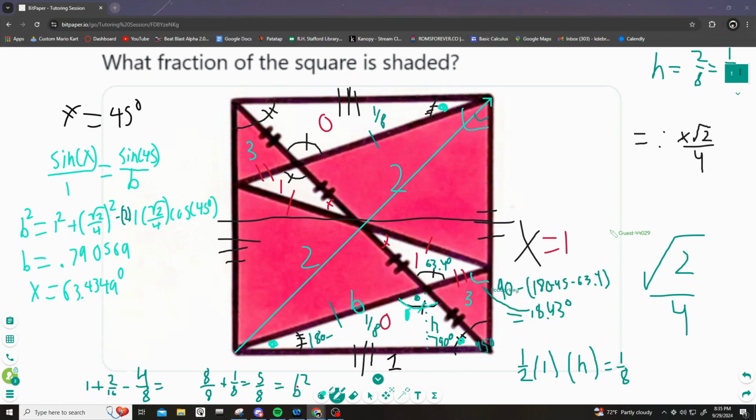That's this one. So then we just do law of sines. Okay, we get 0.79056, which is the B number we calculated before.